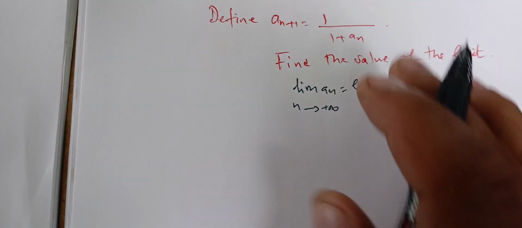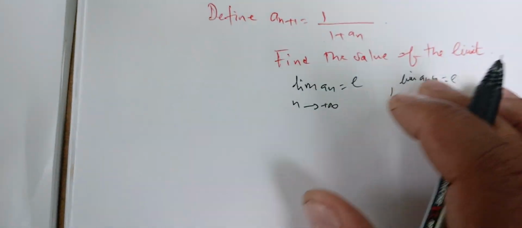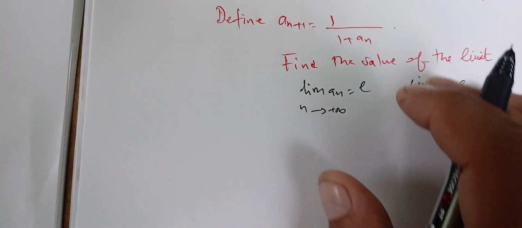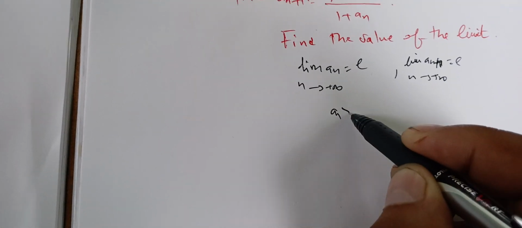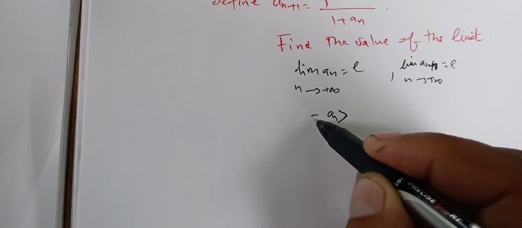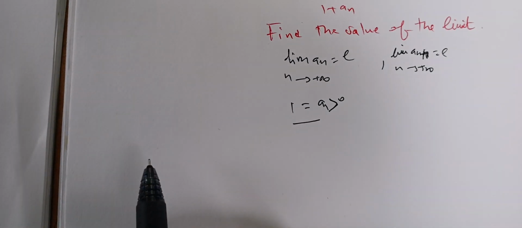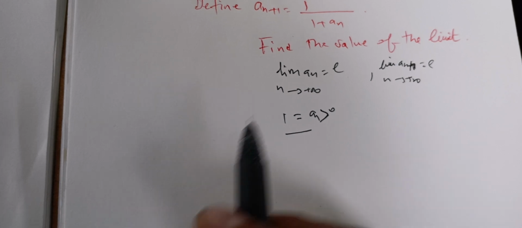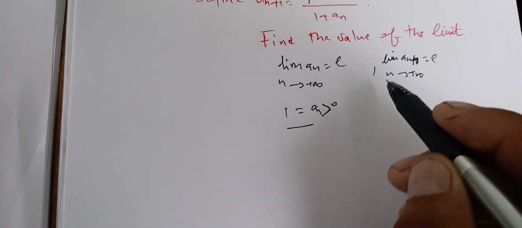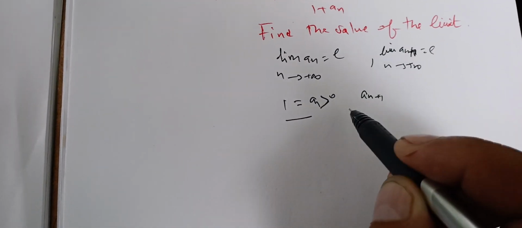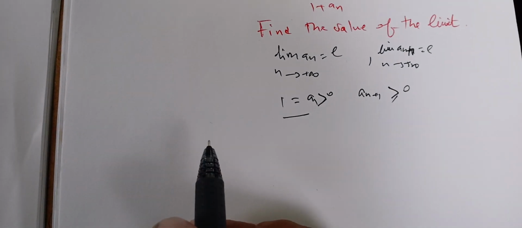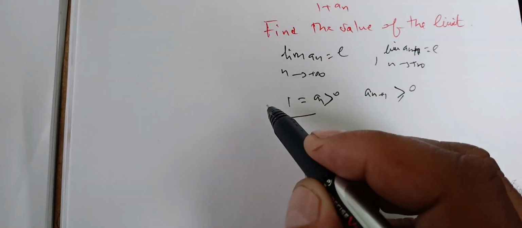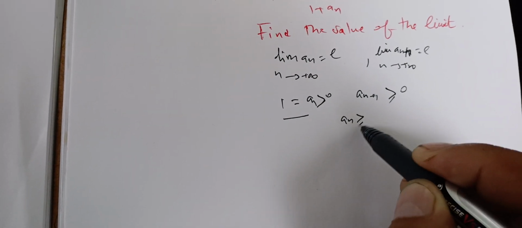But before doing so, we want to prove that this limit doesn't have a different value, that it's not changing. We have a1 equal to 1, which is bigger than 0. We can prove that a_{n+1} is bigger than 0 if we assume that a_n is bigger than 0.